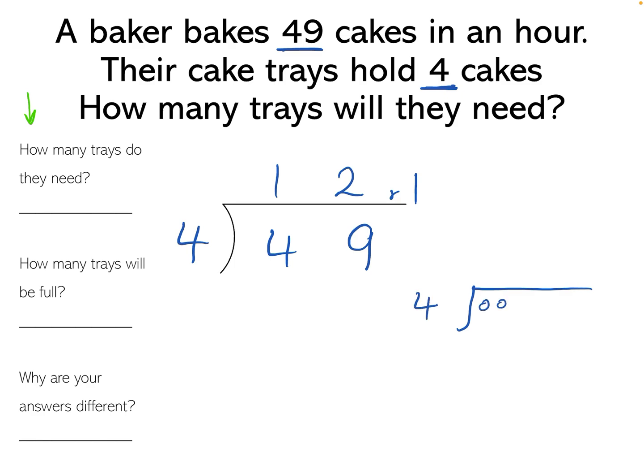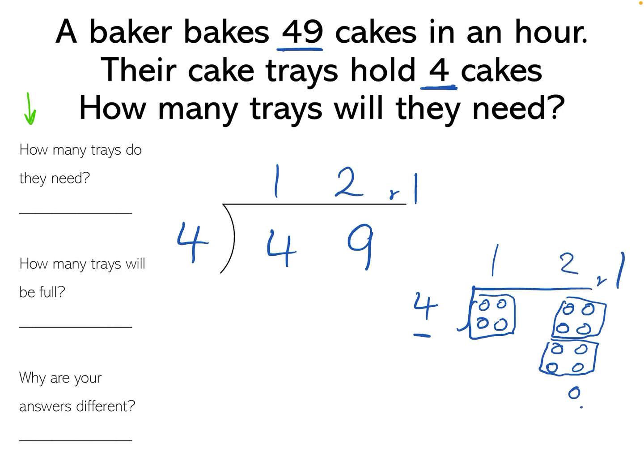Another way we can look at that is 1, 2, 3, 4, 5, 6, 7, 8, 9. We're looking at how many groups of 4, because we've got our 4 here. 1 group of 4, another group of 4, so that's 2 with 1 left over, remainder of 1, that's remaining outside of a group.